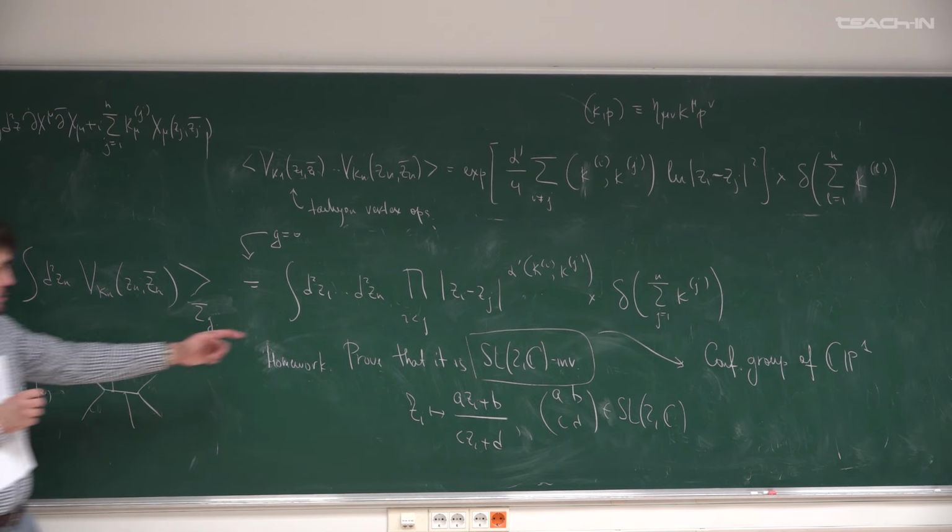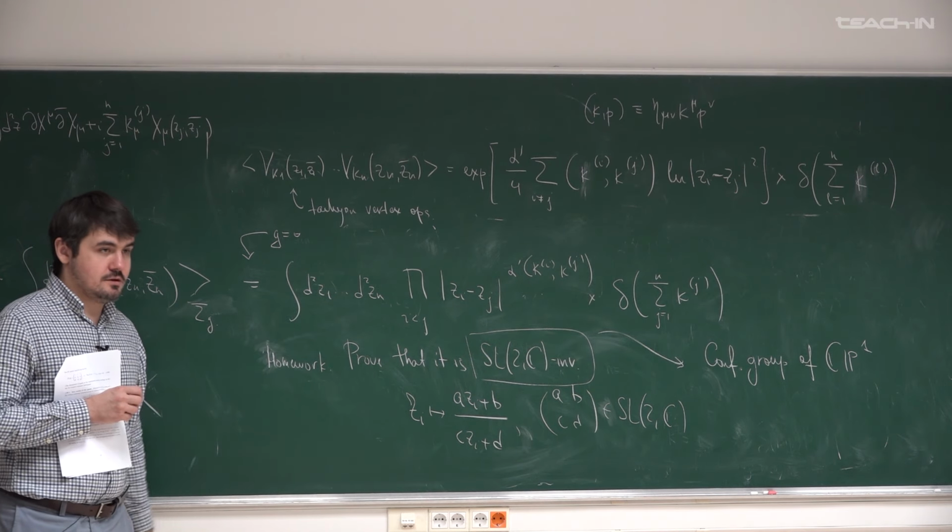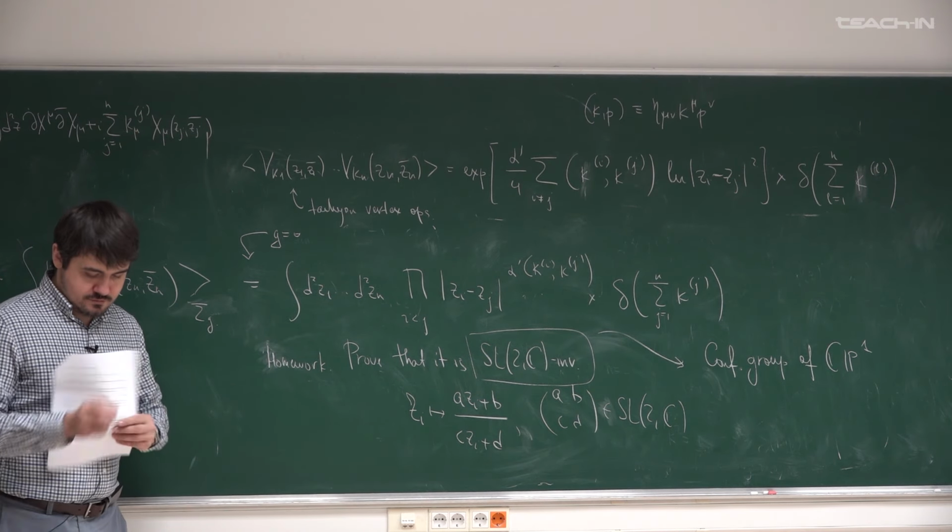But what's wrong with this integral? It's a nice integral. I mean, it's SL2C invariant. Should we calculate it? Well, the thing that's wrong about it is that it's divergent, right?